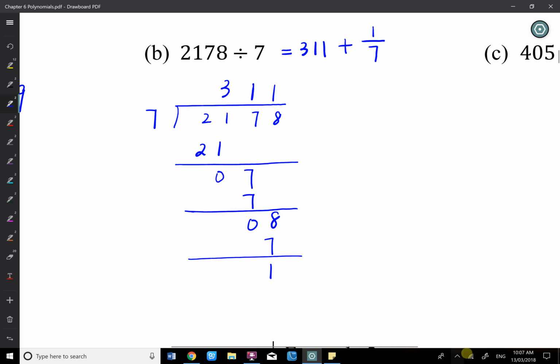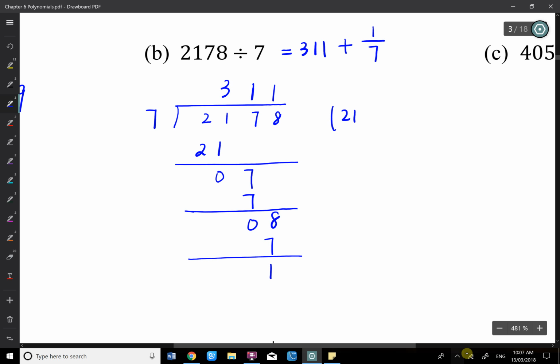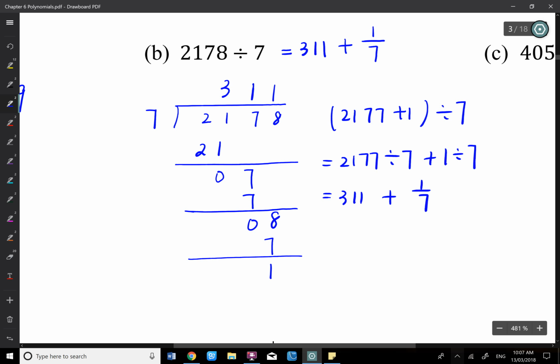I can say that's 2177 plus 1, and then divide by 7. So I will have 2177 divided by 7 plus 1 divided by 7. So that is 311 plus 1 over 7. So that's how we get this result as well.